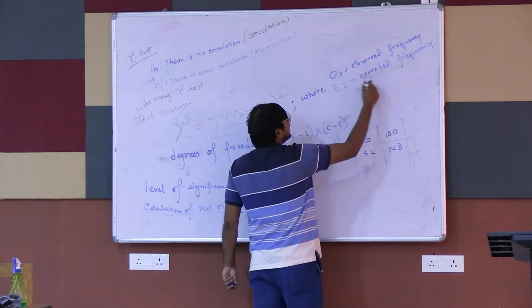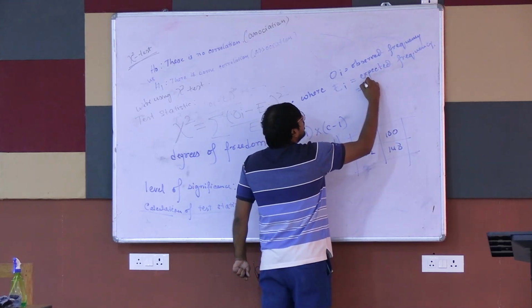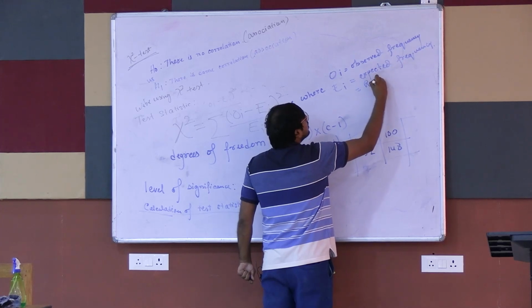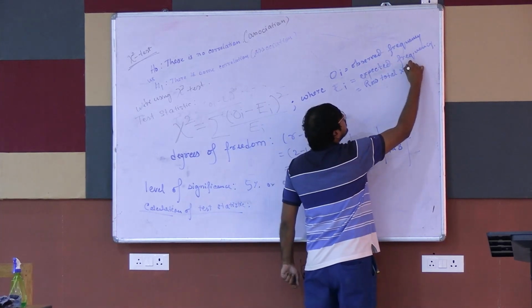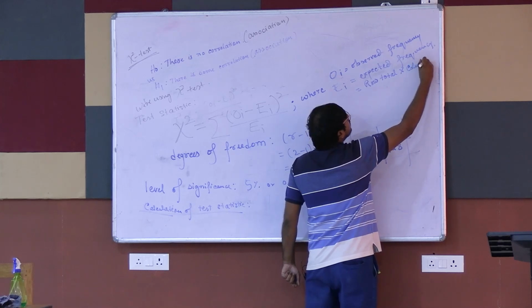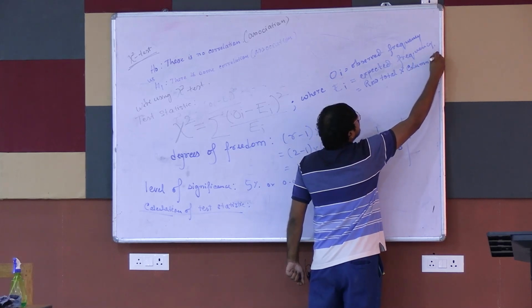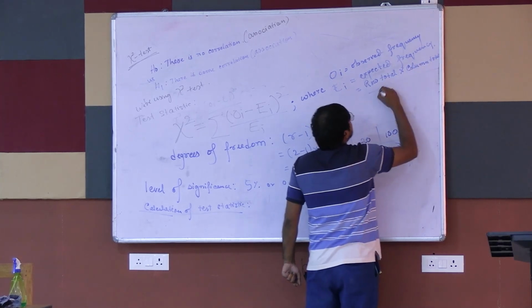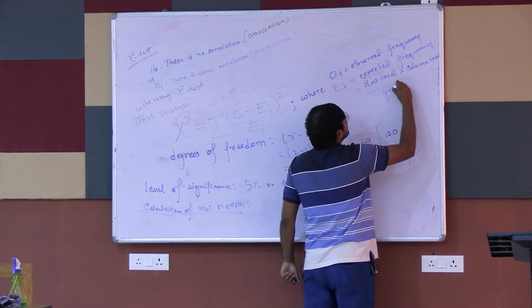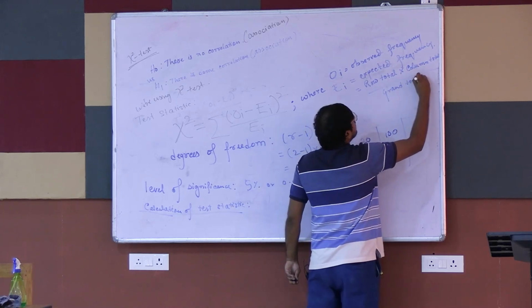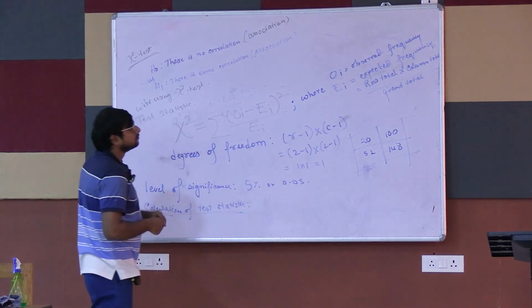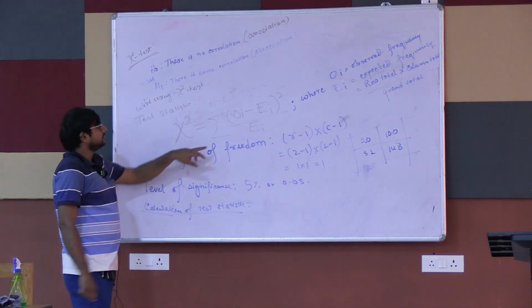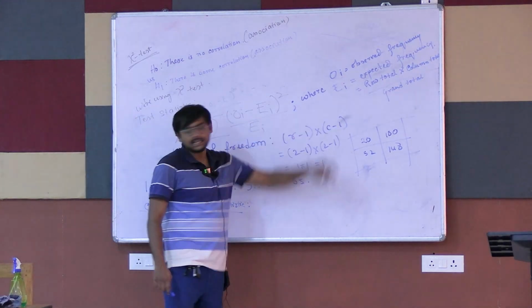And for EI, just write it is equal to row total into column total divided by grand total. Just write this much. This was in the step of the test statistic definition only.